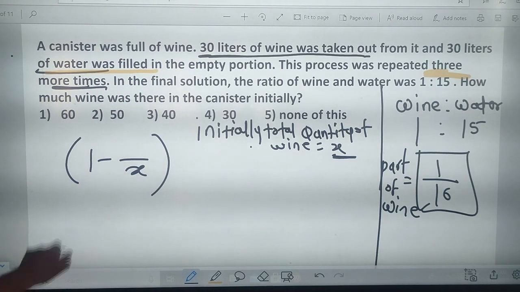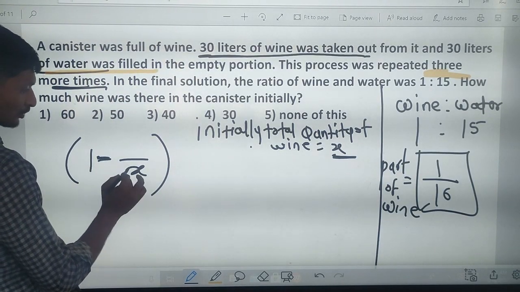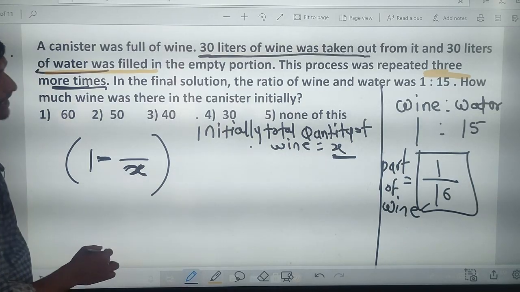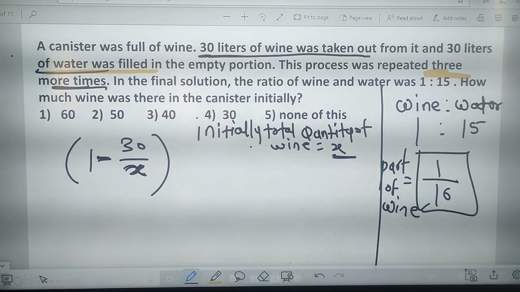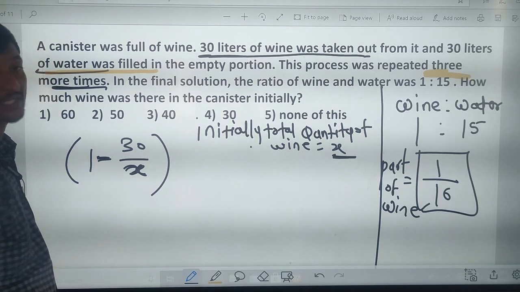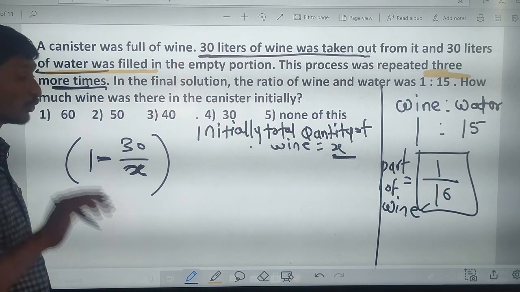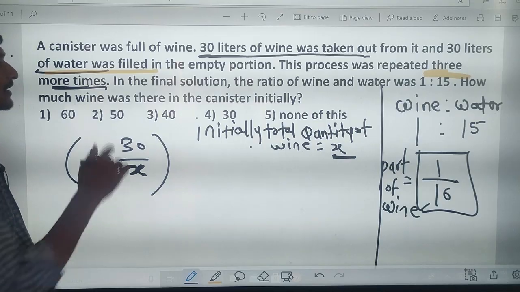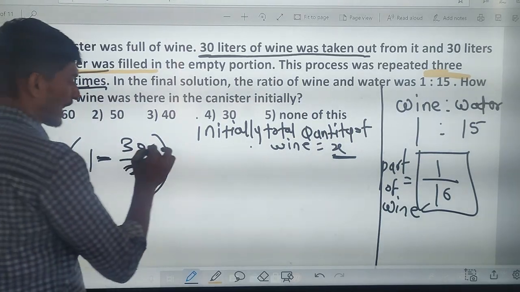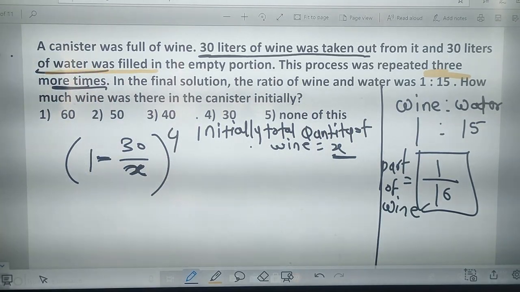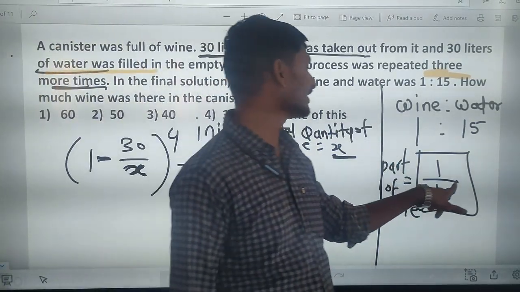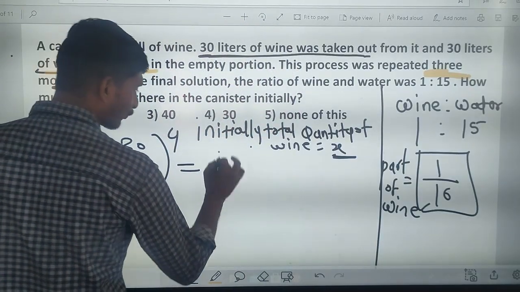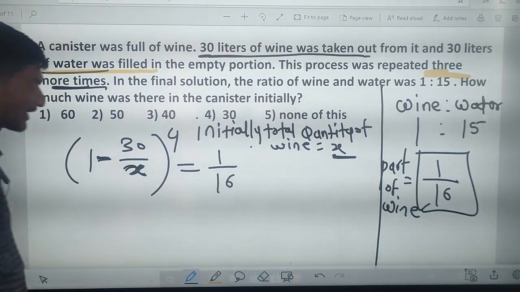Now here we write 1 minus, the total quantity of wine is x, out of which 30 liters drawn. This process was repeated further 3 more times. We did this process 4 times. Then the part of wine remaining here is 1/16.